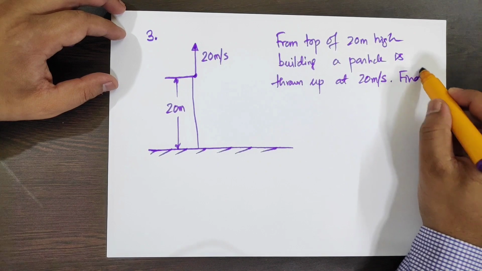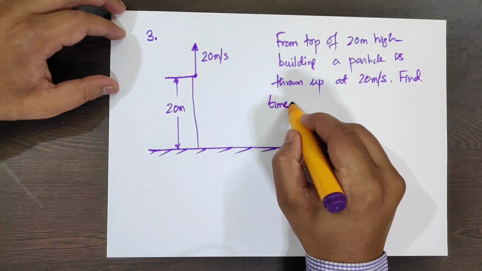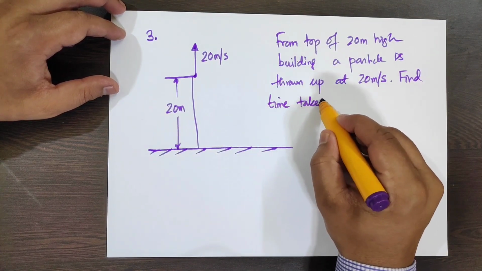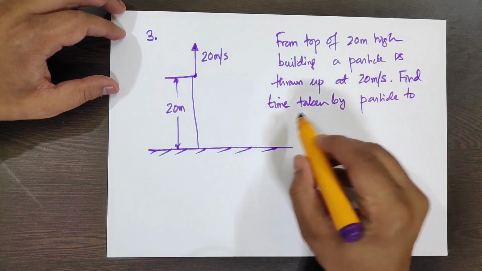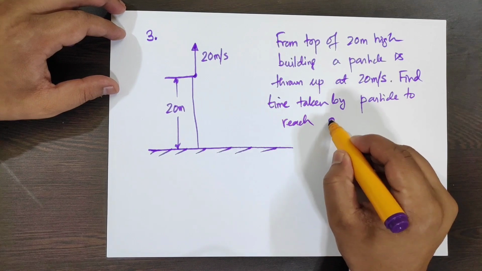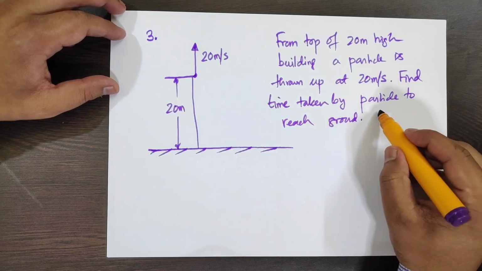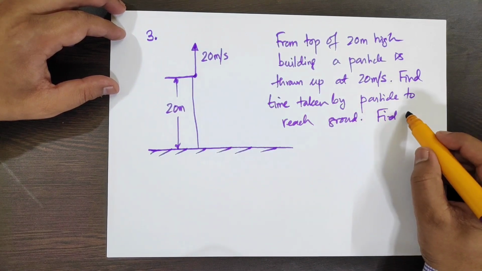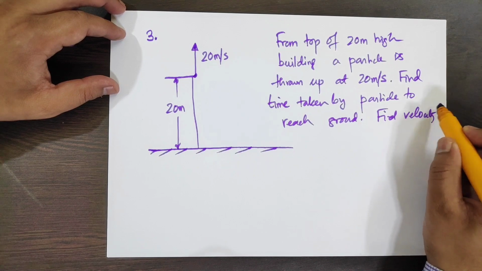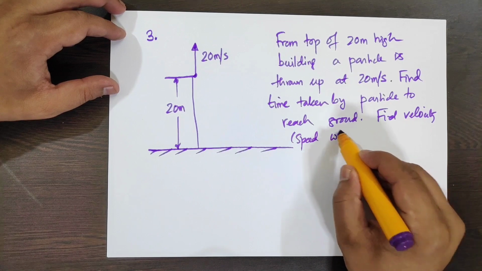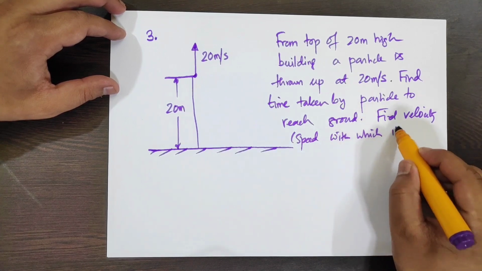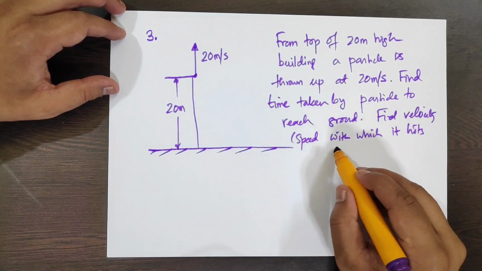Now find the time taken by the particle to reach ground, and also find the velocity, or rather speed, with which it hits ground.